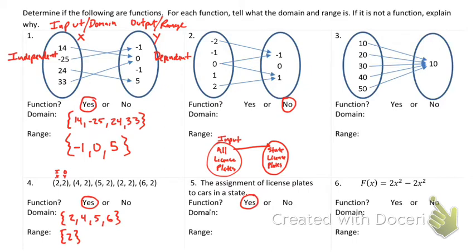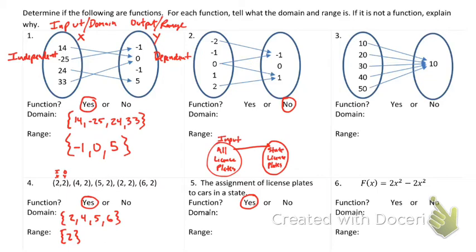Okay? Because the way license plates work, one license plate belongs to a certain state. You can't have a New York license plate and a California license plate both be exactly the same in Texas. Okay? They are their own license plates. So, it is a function because one license plate per car, if you think of it that way.